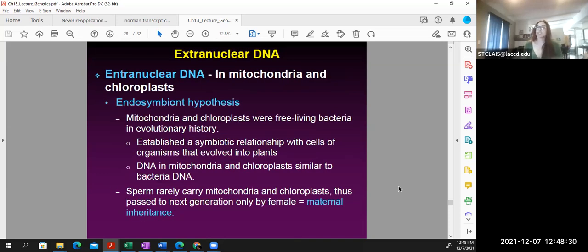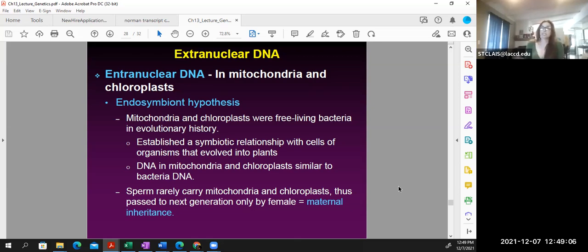Okay, we also have extranuclear DNA. This was discussed in chapter 3. You have the mitochondrial and the chloroplast genomes. And if you recall, we also discussed the endosymbiotic hypothesis, or endosymbiont theory. The idea being that the mitochondria and the chloroplasts were prokaryotes or single-celled organisms like bacteria that were then engulfed by a larger organism like a protist, and that gave rise to the eukaryotes.